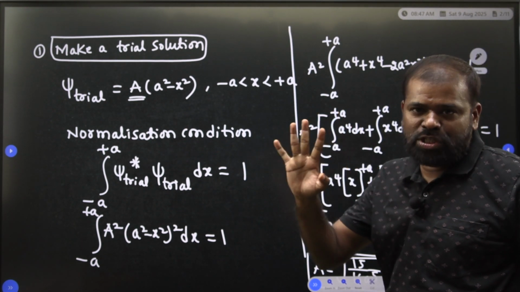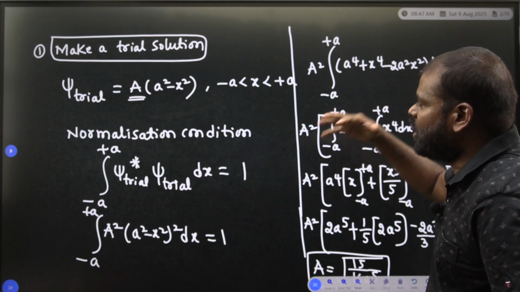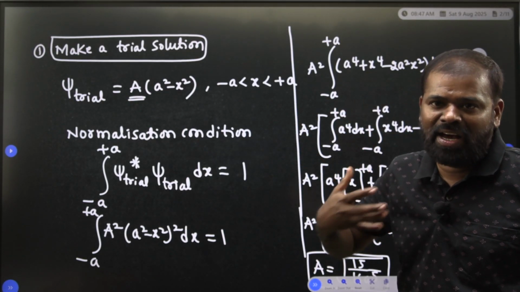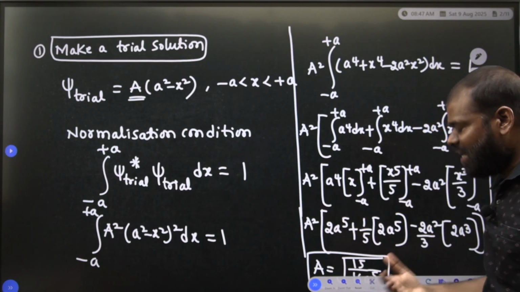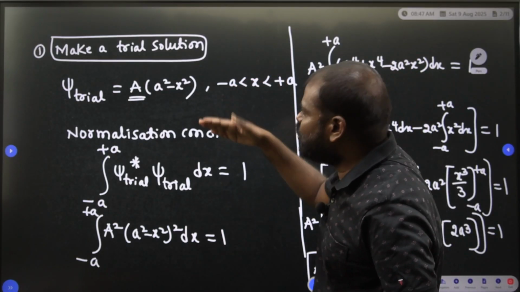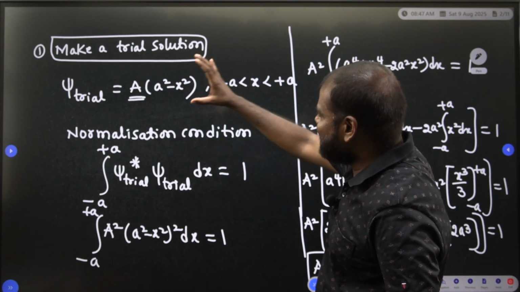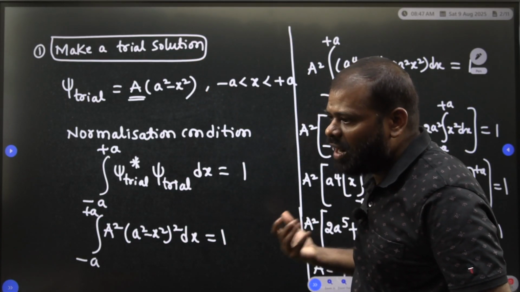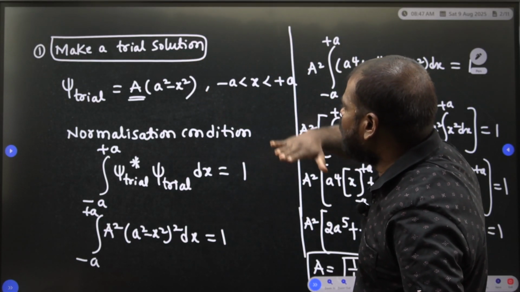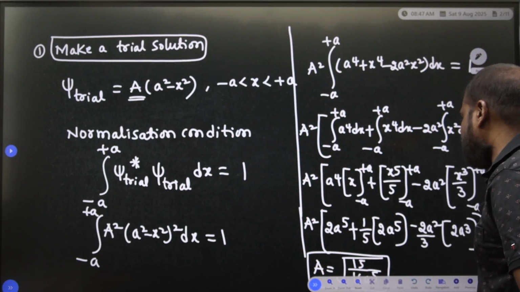First, 4 steps are there. The first step, you have to make a trial solution corresponding to your system. Whether it may be a linear harmonic oscillator, you have to take one. The trial solution is already given. First you have to see whether it is normalized or not. If it is not normalized, you have to apply the normalization condition formula.